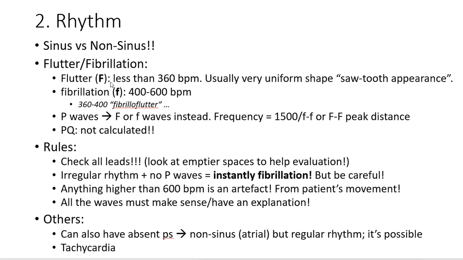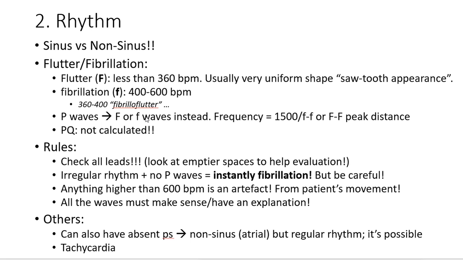So if I found that it is flutter, in point 2 you write down non-sinus, comma, flutter, comma, rate of flutter is, for example, 280 beats per minute. So that's how you calculate it. That is flutter and fibrillation.